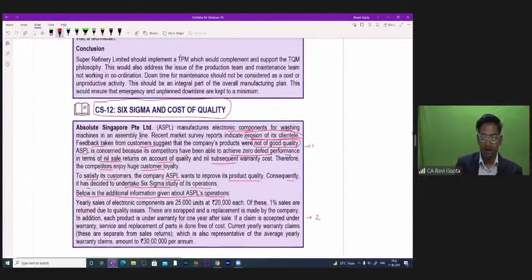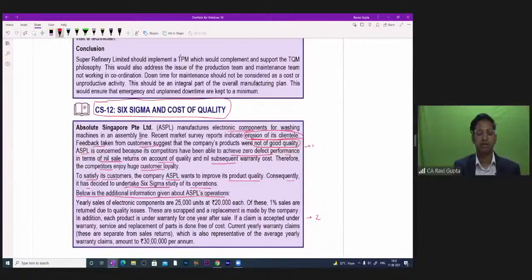First of all, let's draw some conclusions from the first paragraph. From the first paragraph, we came to know that this company is facing a problem where the customers are being eroded, and the feedback suggests that they are suffering this due to their poor quality. ASPL is also concerned because their competitors have been able to achieve zero defects performance in terms of nil sales return on account of good quality and nil subsequent warranty cost.